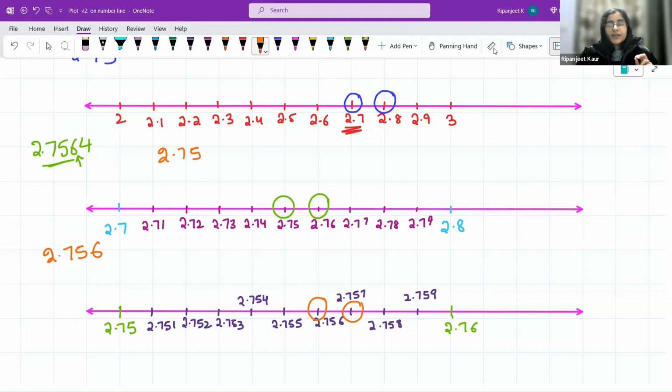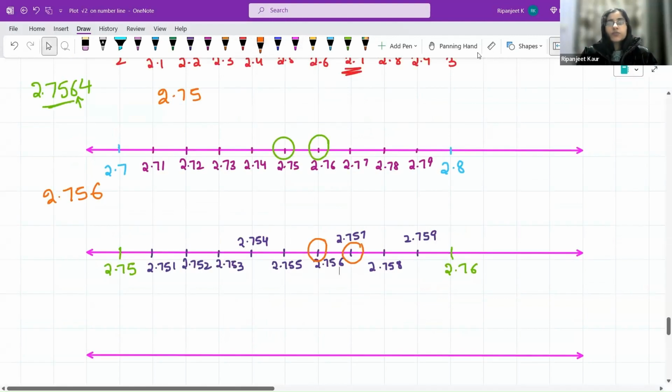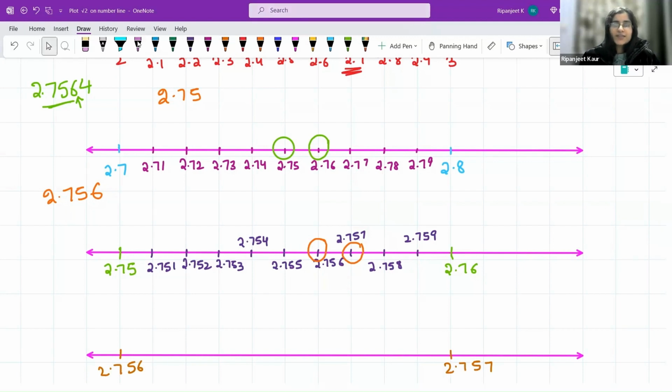So let us see it again. What are the numbers that are going to be here in between 2.756 and 2.757, right?